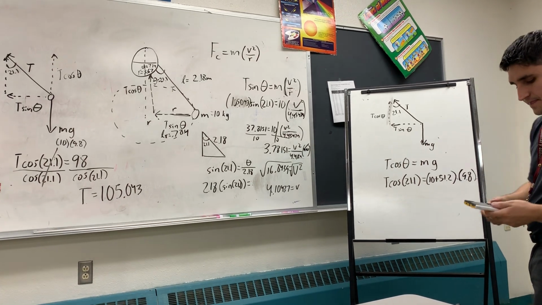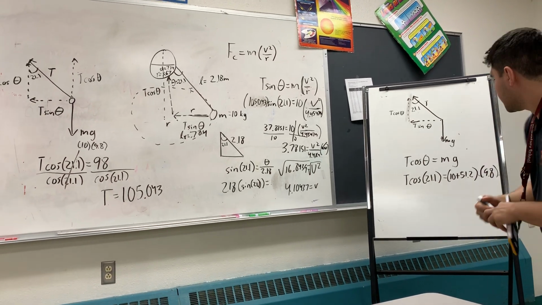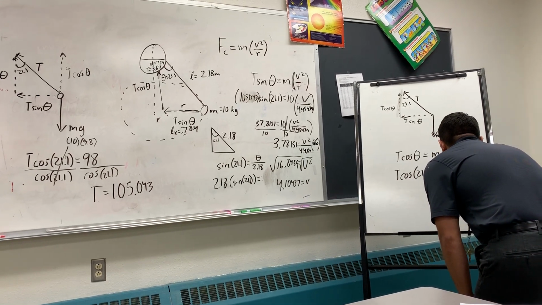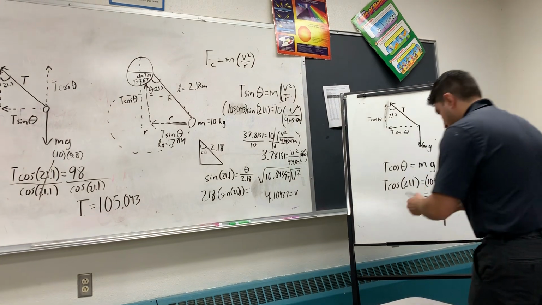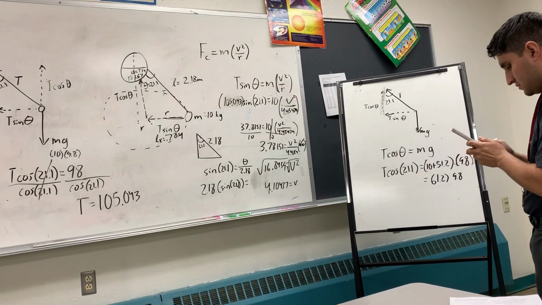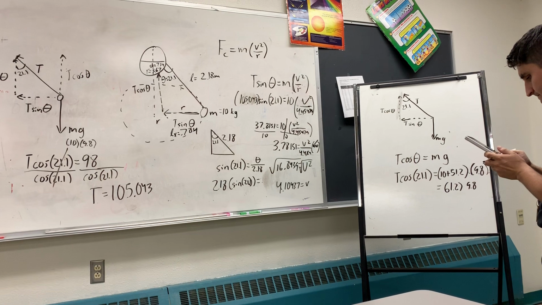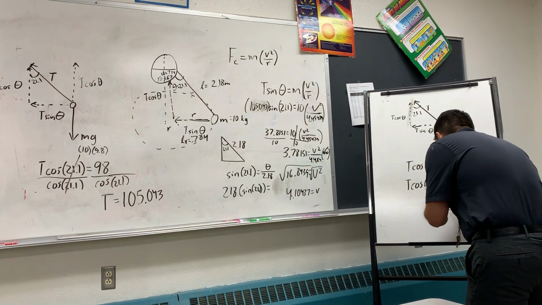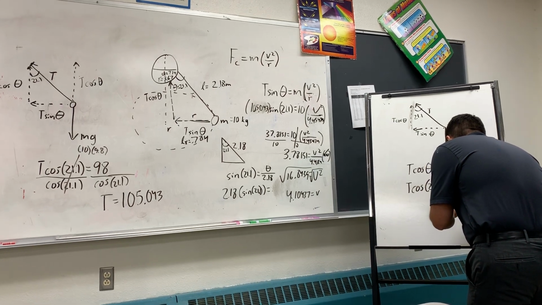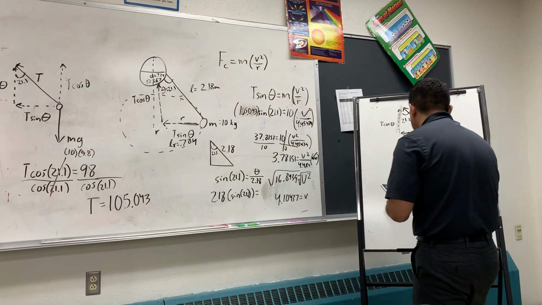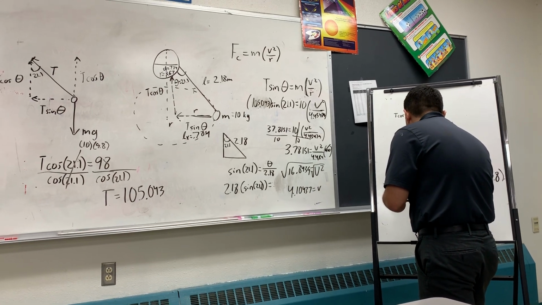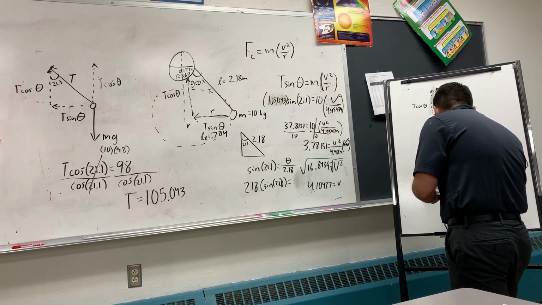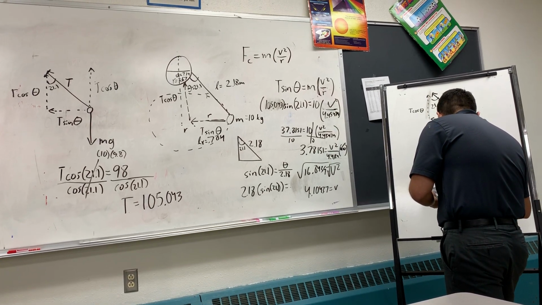So this becomes 61.2 times 9.8. And that gives me 599.76. T cosine of the angle 21.1.